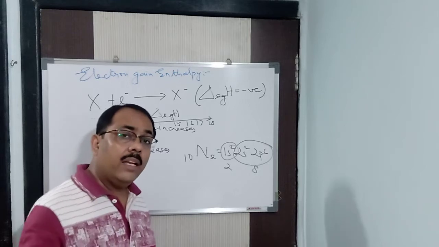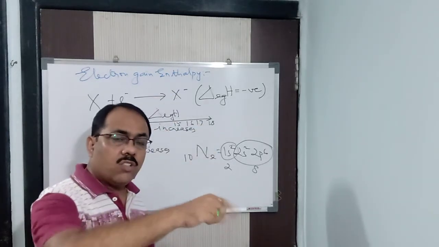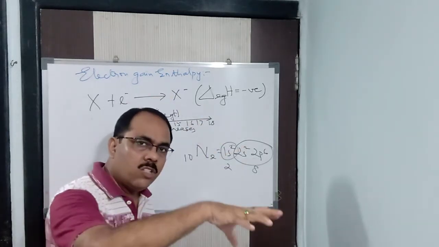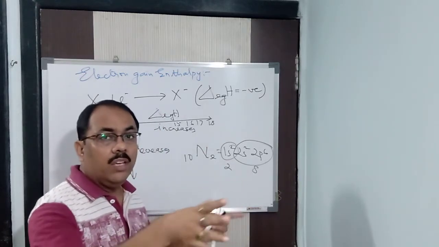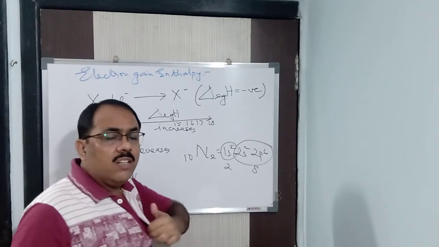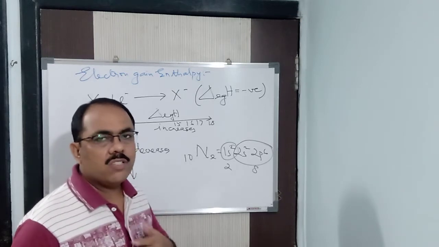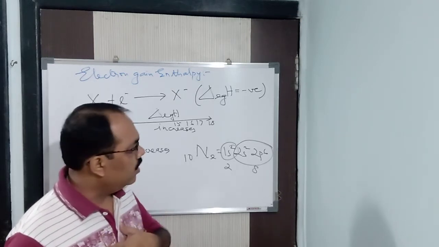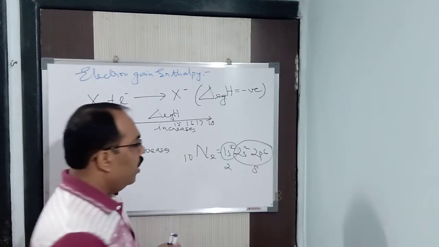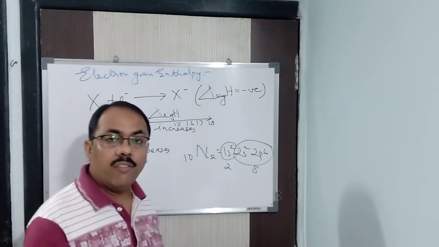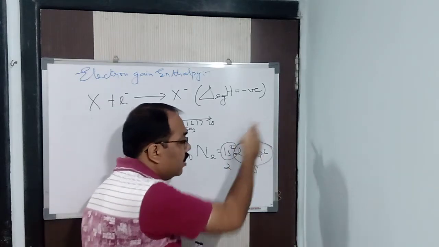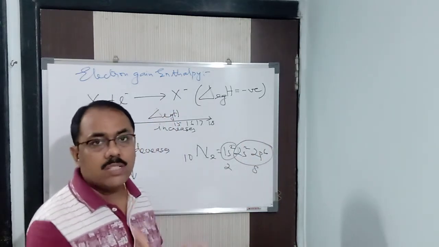Only then will you be adding an electron to it. Once it reaches the excited state, the electron jumps from the second level to the third level by gaining that much energy.